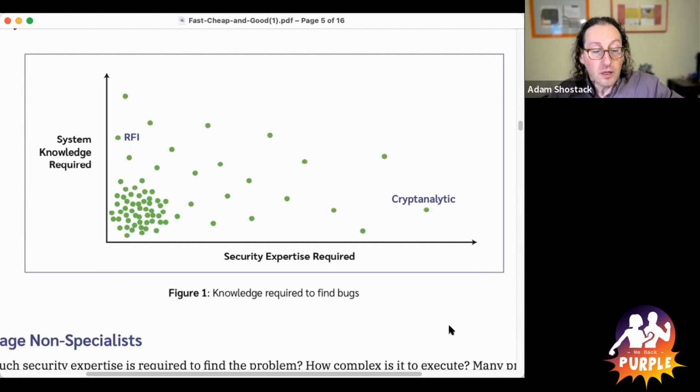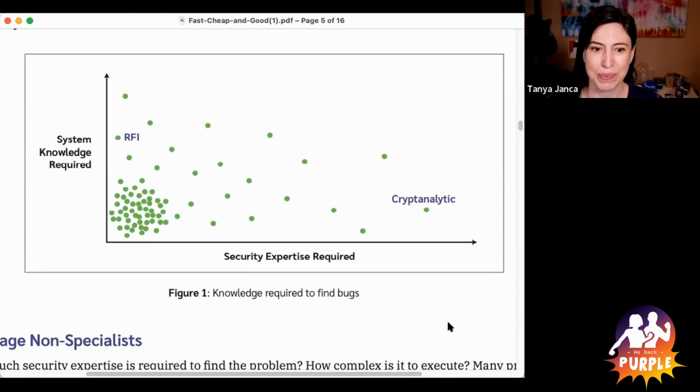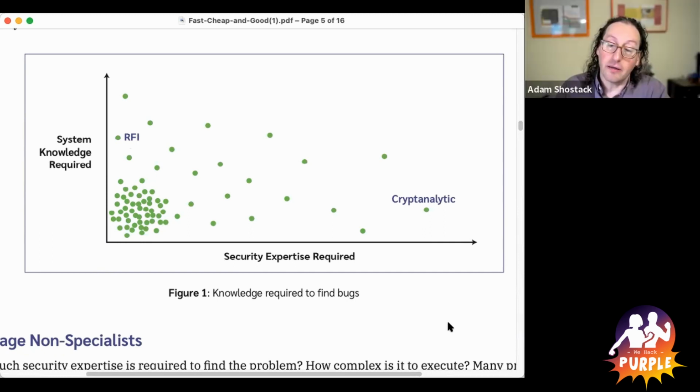And so if this graph really represents the amount of security expertise required, then to go back to what you said about people feeling like the simple things don't help them, well, if most things are over on the left-hand side of the graph where not a lot of security expertise is required, then two things happen. The first thing that happens is these lightweight approaches have real value because they can be done by the people with the system knowledge.